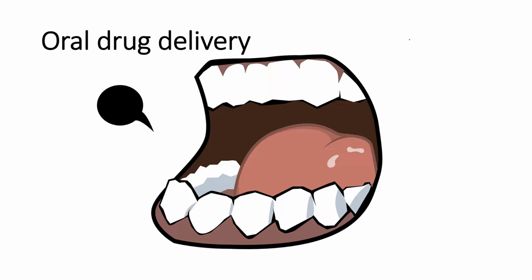So what is an oral drug delivery system? I'm quite sure each and every one of you listening to this channel would have had your tablets, your capsules, your encapsulated pellets, your solutions and suspensions, and these are all oral drug delivery systems.